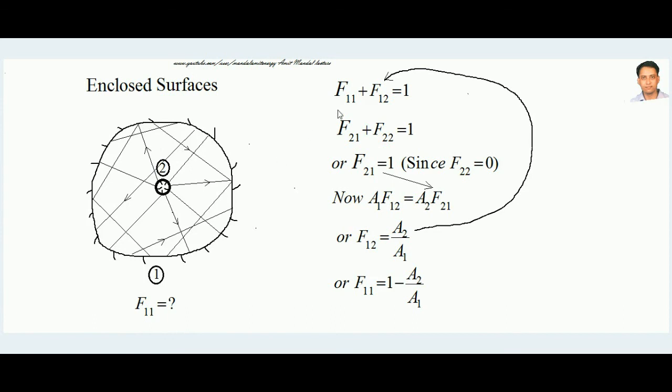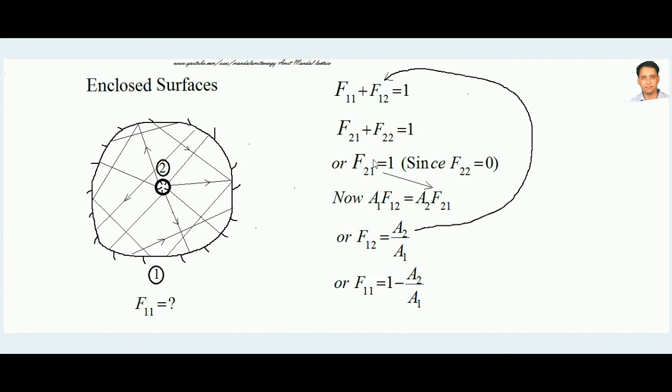Again, for an enclosure you can write F₁₁ plus F₁₂ equals to 1. With respect to surface 2 also you can write F₂₁ plus F₂₂ equals to 1. Again you can see this surface 2 is a convex surface. This is not a concave surface, it is a convex surface, and for a convex surface the view factor with itself will be 0. So F₂₂ will be 0.